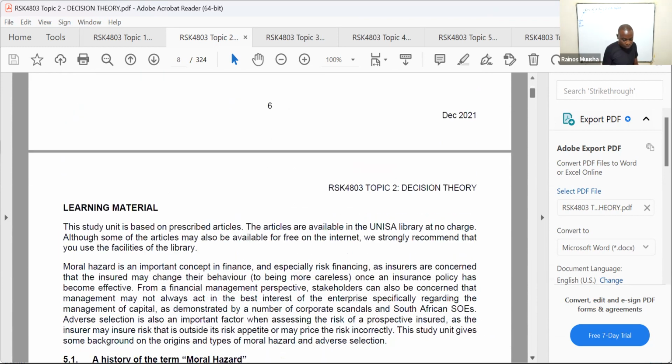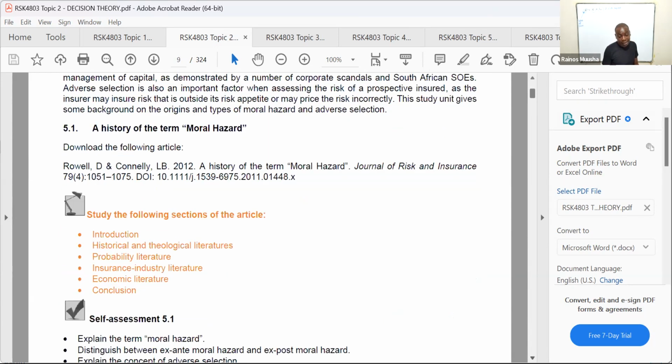We're going to be looking to see exactly what moral hazard is, and how moral hazard affects risk management. Remember, the idea behind moral hazard is that, from a risk management perspective, in most cases moral hazard materializes from a case where, for example, from an insurance perspective, you have the insurer and you have the insured.